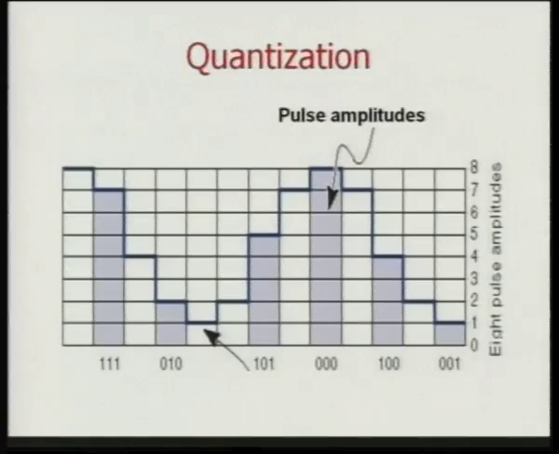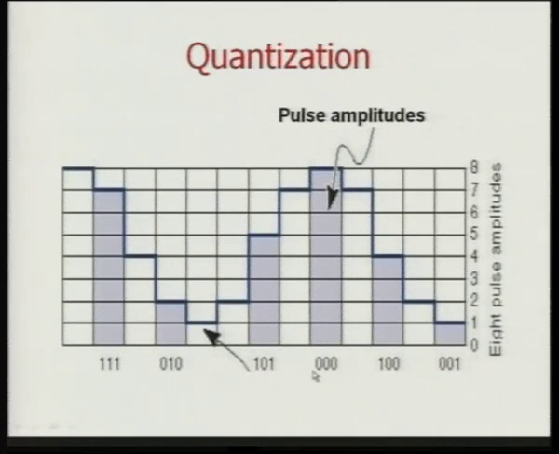Okay. So, this is another example where we have shown that the values that you got, the 8, 7 etc. are now coded as digital values. So, I have coded the value 7 as 111, 010 would represent 2, then 101 would represent 5 and so on. I am just showing the codes that are used at each of these sample values.